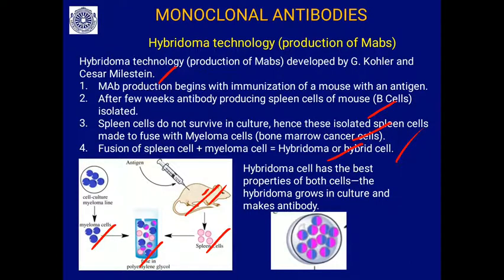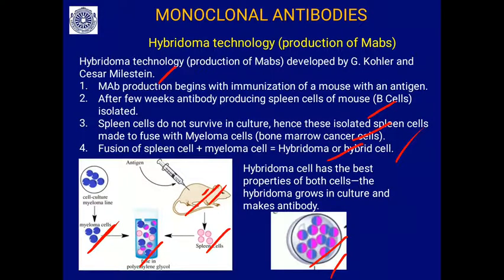What exactly a fusogen is, I will come to later. So this is what you can see, the hybridoma cell is produced by the fusion of a spleen cell with the cancer cell, the myeloma cell, a bone marrow cancer cell. Now this plate contains hybridoma cells. These hybridomas have the best properties of both cells. They multiply very fast, grow in the culture medium, and make antibodies.